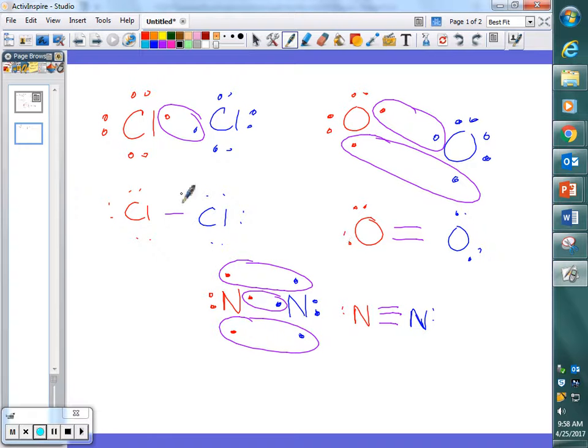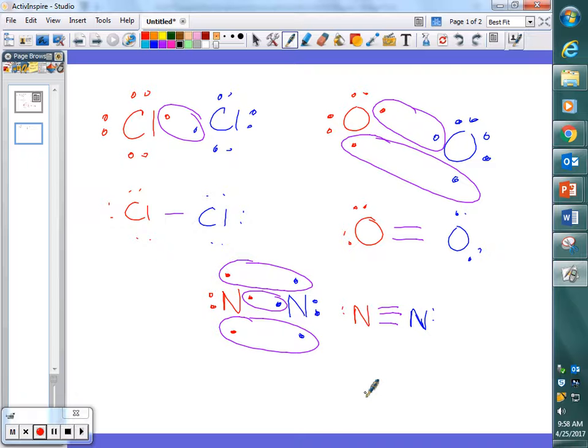How many electrons are there between these 2 chlorine atoms? There's 2 in this space. How many electrons are there between these 2 oxygen atoms? There's 4.